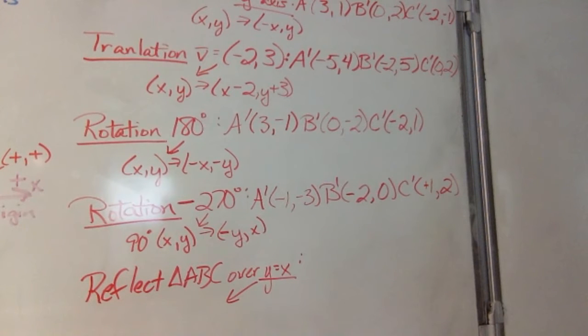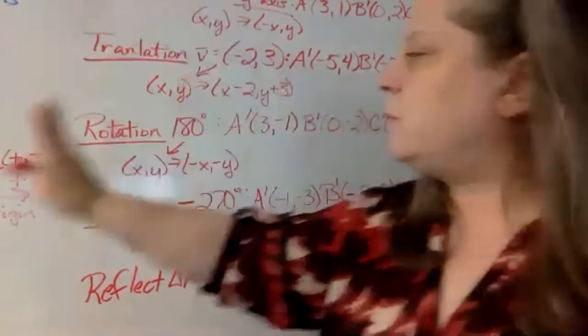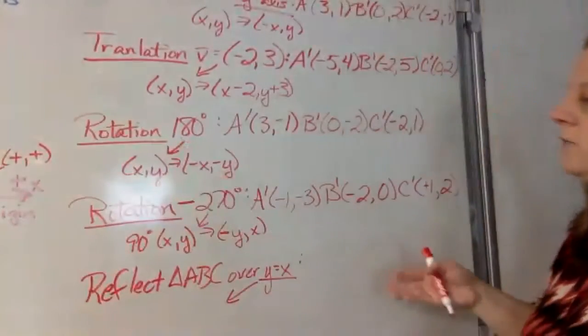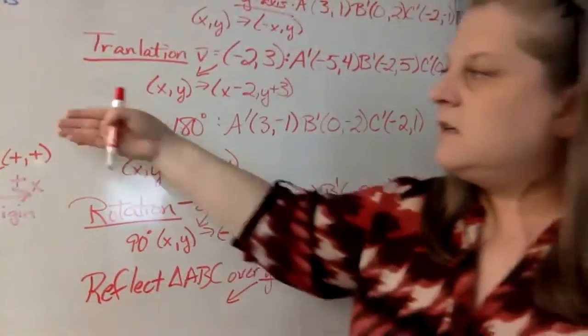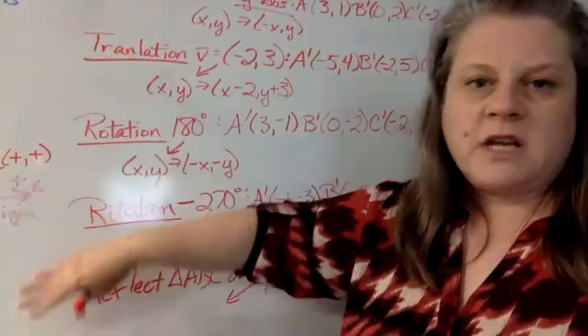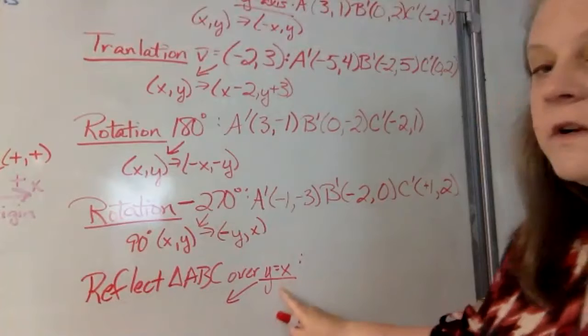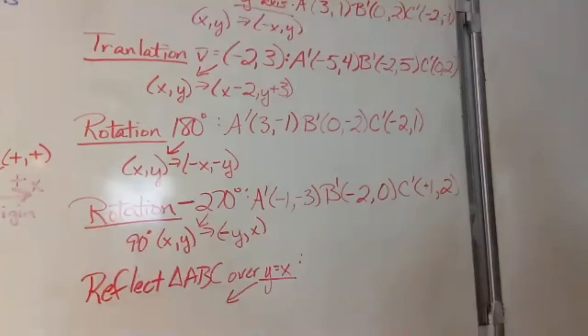So that was some of the first notes I had you write down for this. Okay, remember reflecting over the y-axis before, we said the x changed because you were just going from the left to the right. If you reflect over the x-axis, your y is going to change because you're changing from up to down or down to up. When you're reflecting over this, the line y equals x, remember that's a diagonal line. And so your rule for that is you're going to do what with your points?